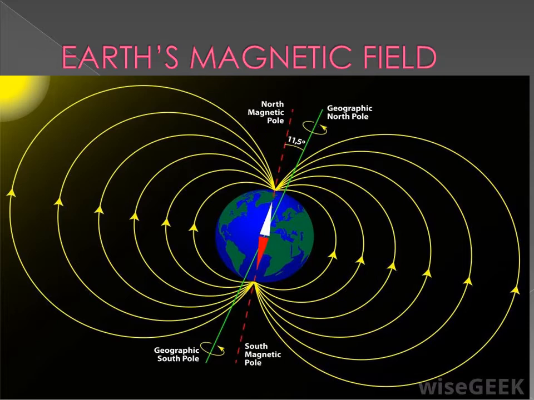Similarly, the south pole of the needle is attracted towards the magnetic north pole of the Earth, which is near the geographic south pole. The branch of physics which deals with the Earth's magnetic field is called geomagnetism or terrestrial magnetism.